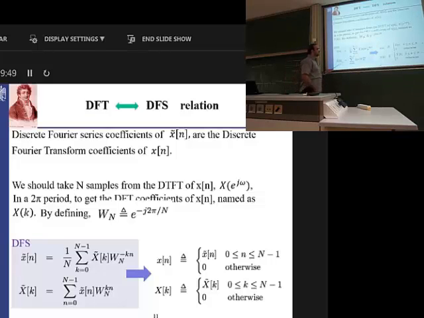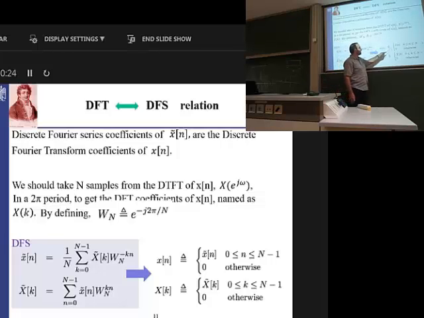And now the corresponding DFT values are exactly these values, which are only taken from a window of 0 to N minus 1, so the main window of DFS. Intuitively, we mean that anywhere else it should be 0. For synthesizing the periodic signal, we have the equivalent with the conjugate basis.